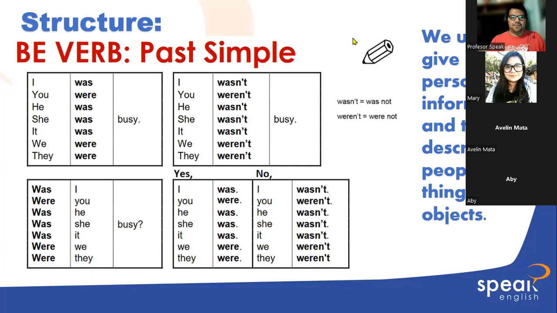Like, people say that in the past our country was better, or in the past our country was very rich in resources like coffee and other things. So that's when we use the verb be in the past tense to give personal information, and to describe people, things, or objects. Any other question? No?